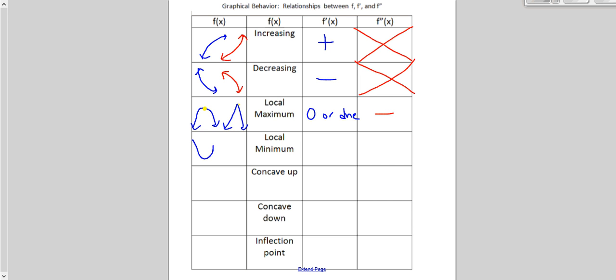How about a local minimum? If it's nice and smooth, then the derivative would exist at that minimum and the derivative would be 0. Or if it's pointy, then it could even be pointy like that. Then the derivative would not exist.